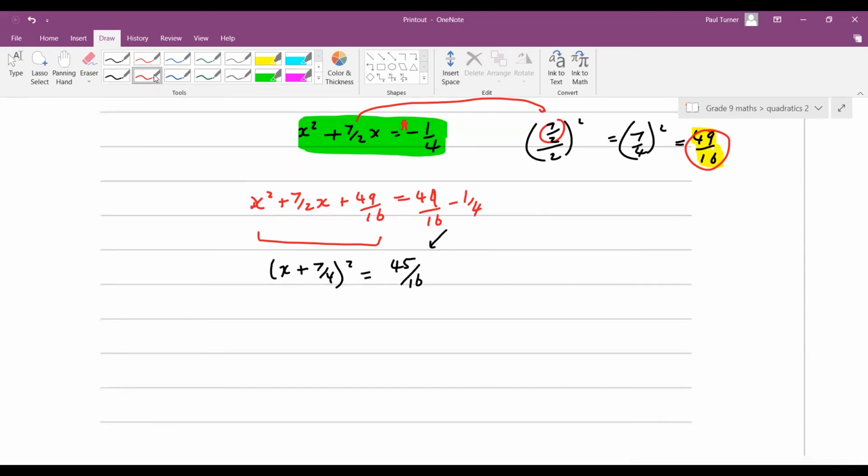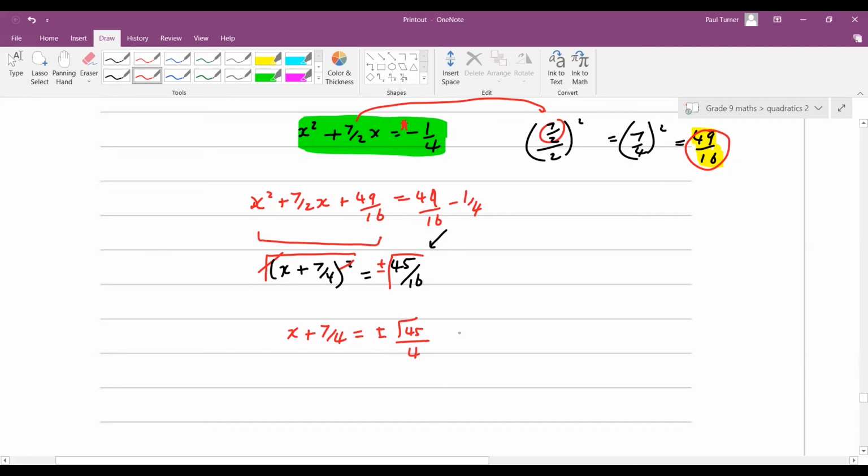So now we will square root both sides. And then we'll get plus or minus here again. So we will cancel our square. So x plus 7 on 4 equals plus or minus root 45 on root 16, which is 4.